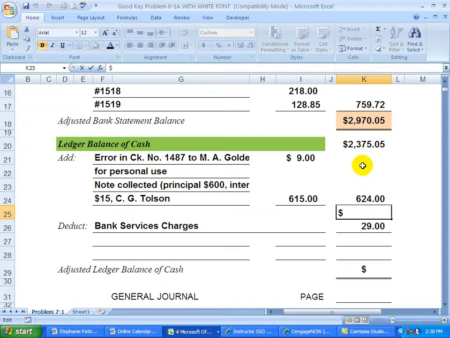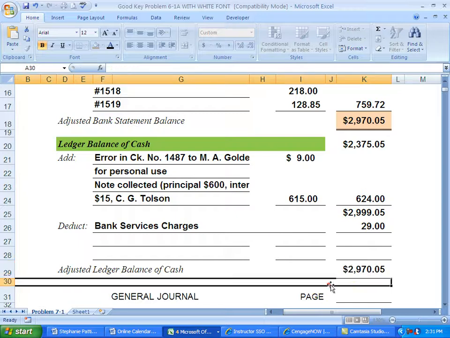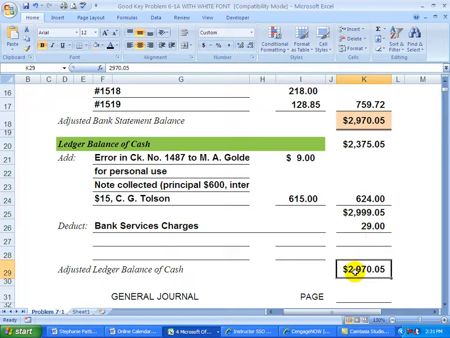And if you were to do that, that would come out to $2,999.05. If we deduct or subtract the $29 service charge, that will leave us with this amount, $2,970.05. Now this is good because when we corrected our cash balance, it is the same number that we got when we corrected what the bank said we had.